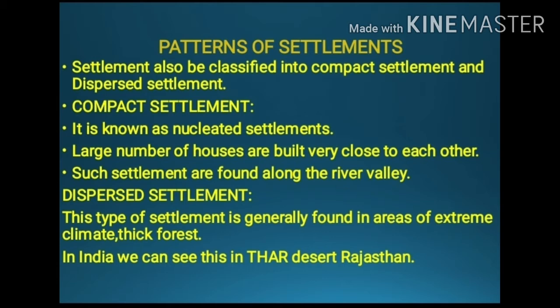In this type of settlement, the houses are spaced far apart, often with their fields. They can be seen in hilly areas, and their houses are placed far away from each other. For example, it can be seen in the Thar desert of Rajasthan and the foothills of the Himalayas and Nilgiri. So in the Nilgiris of Tamil Nadu, the dispersed settlement is followed.